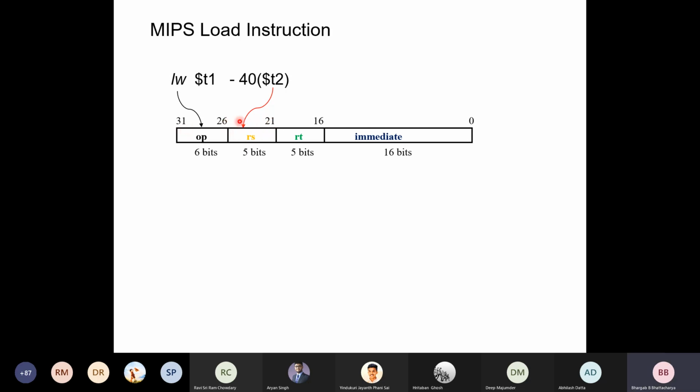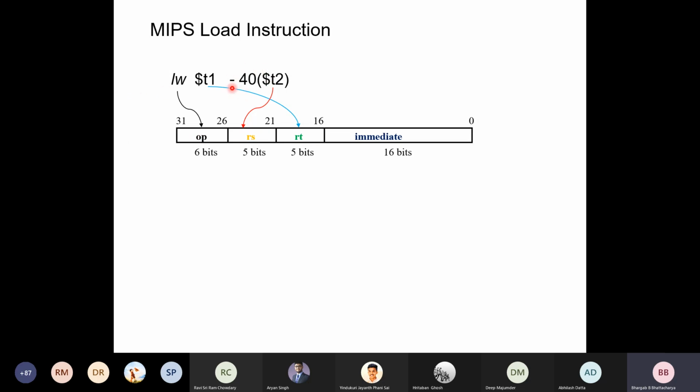There are specific bits in the instruction, and the hardware interprets accordingly which one is the source, which one is the destination, and so on. The destination register is encoded here in MIPS from 16 to 20, these 5 bits. So the source register, destination register and the load operation have been encoded.